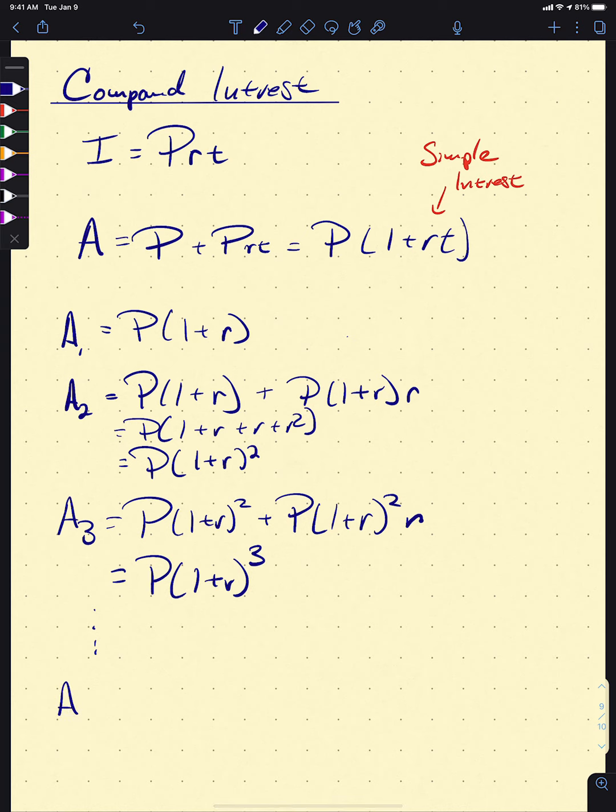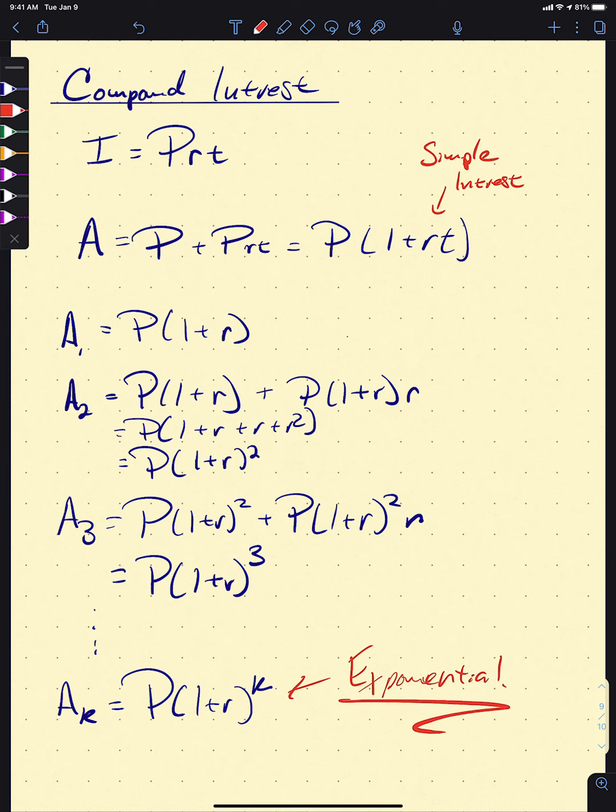And you're able to show that this pattern actually continues. That when you compound like this every year, it's P, your initial principal, times 1 plus your interest rate, where that 1 plus the interest rate is raised to the power of the number of years. And this right here, this is an exponential. So the tools that we just developed can help us work with them.